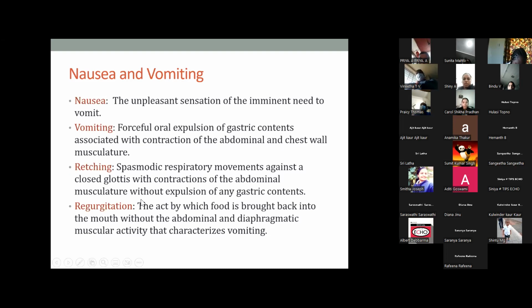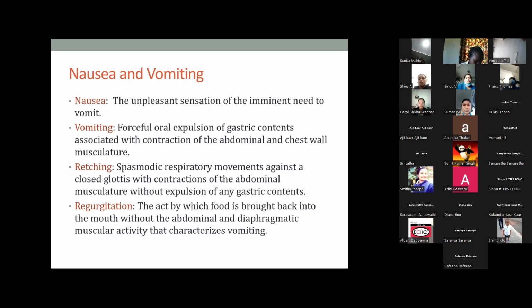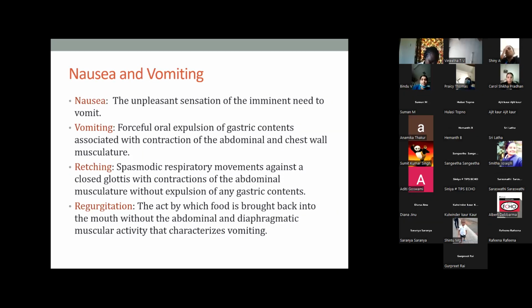Your patient could come to you and tell you about these 3 different things, right? So we have to manage them separately. Nausea is just an unpleasant sensation, whereas vomiting is the forceful expulsion of the gastric contents. Retching is a spasmodic movement against a closed glottis. So basically no gastric contents come out, but there is a heavy spasmodic movement.